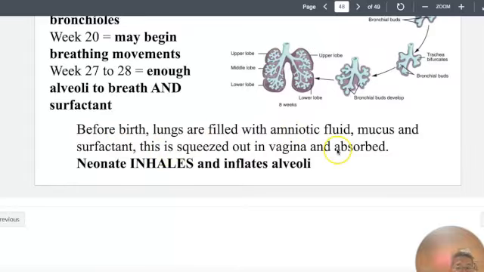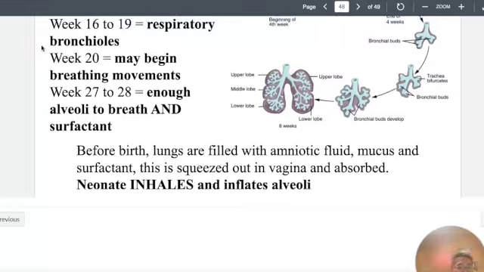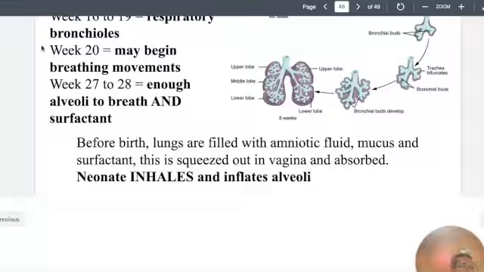This is squeezed out when you are born through the vaginal canal. Then the neonate will inhale, and that will inflate the alveoli. We'll have a couple of videos to show you in the lecture, and I'll see you then.